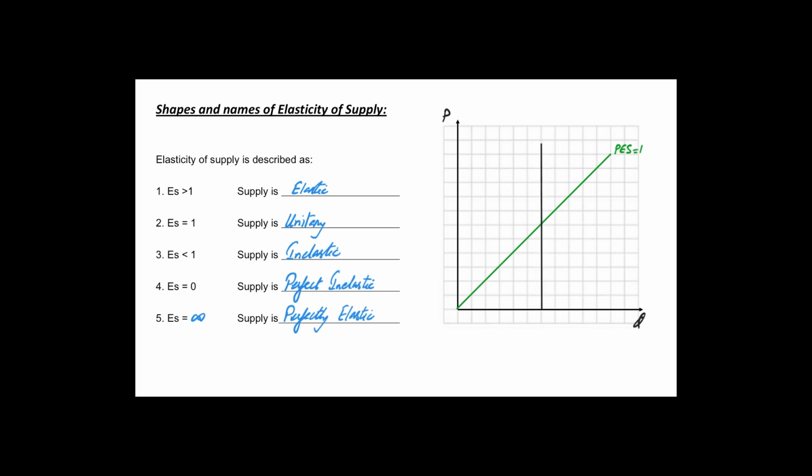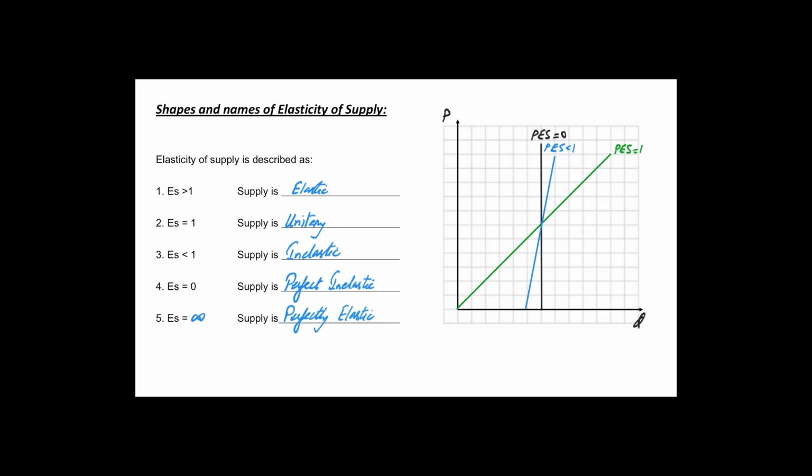So it's going to be like that. No matter how much price changes, the quantity will not change at all. As far as inelastic goes, it has to be steep. Your PES is less than 1, somewhat like this.